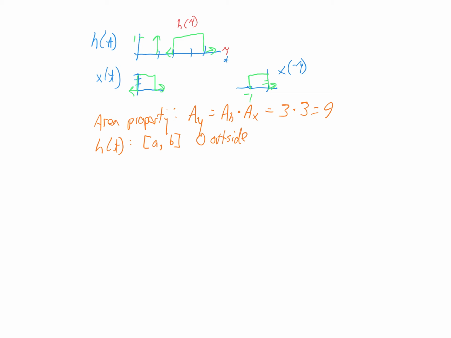But if t is between A and B, h has a potentially non-zero value. And x similarly has known limits. We'll call them C and D. What you end up with is y of t is going to start at the sum of the starting points, and it's going to end at the sum of the ending points.